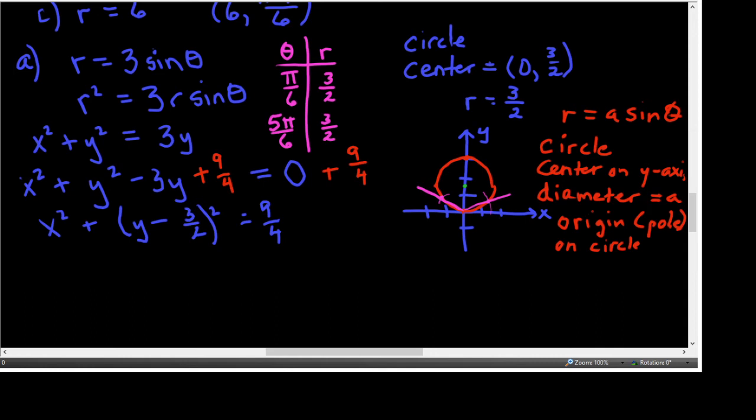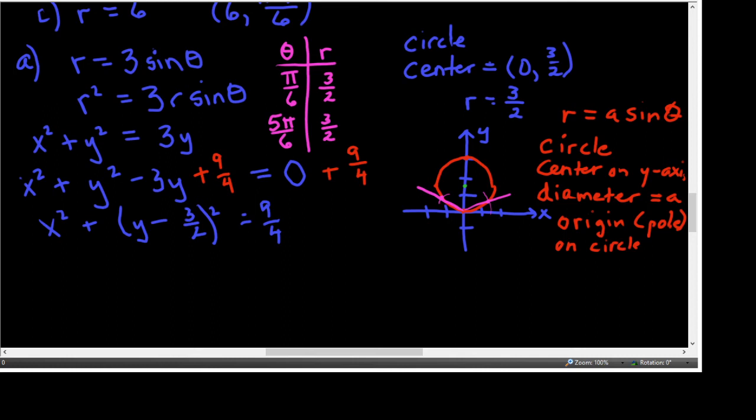Those are points you should be able to get. Definitely get the point at the pole, and the point at the other end of the diameter on the y-axis, 3 away, up there at 3. Then these two values are really easy to get using values of theta that give you nice rational numbers for sine of theta instead of square root of 3 over 2 or square root of 2 over 2. I'm trying to avoid those.